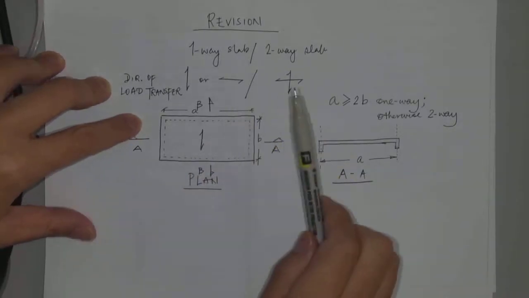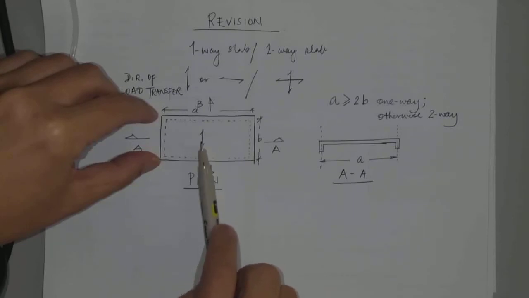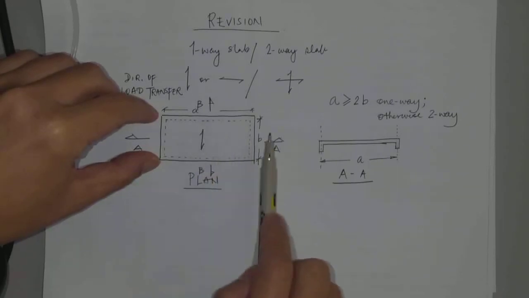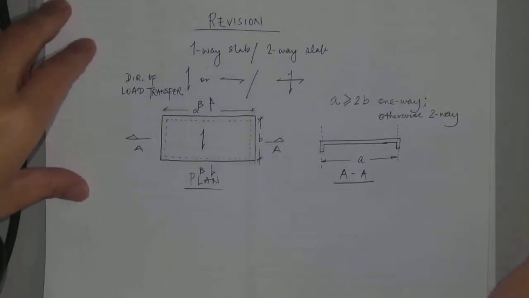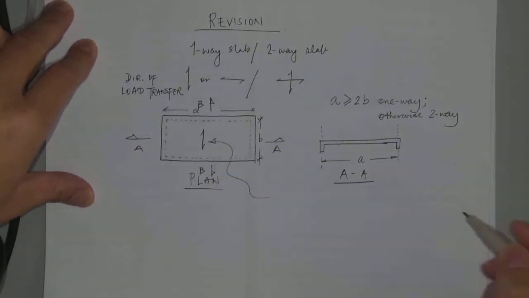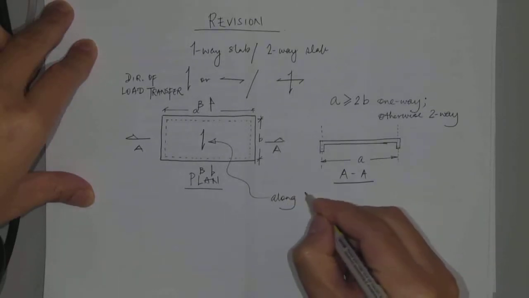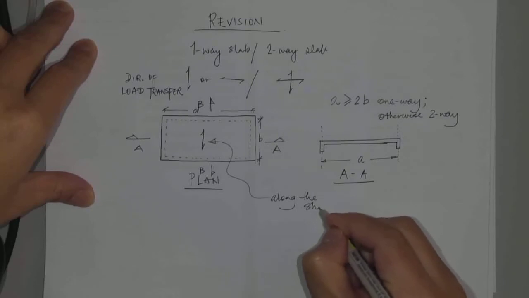This B is the shorter direction. So this symbol is always along the direction of the shorter span. I just mark it down here. This is along the shorter span.